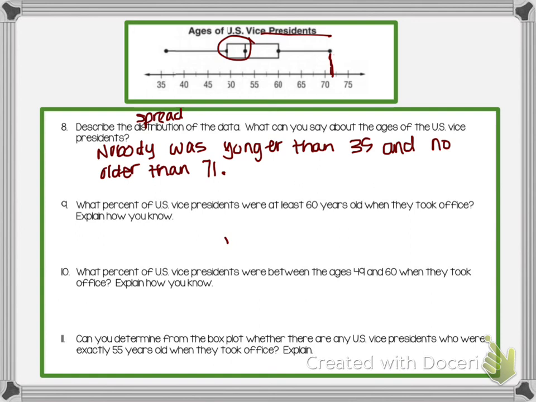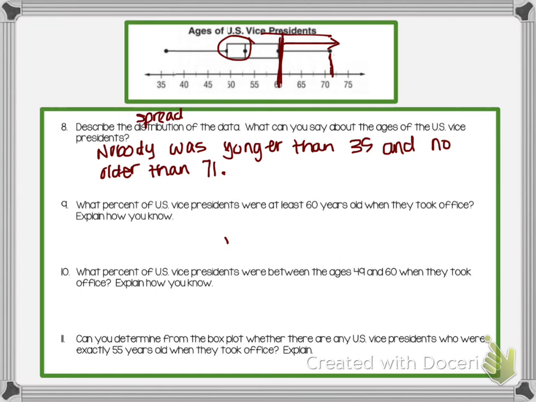So what percent of the U.S. vice presidents were at least 60 years old when they took office? So for this case, we would want to find 60 years old, which is right here. So that means at least is 60 or more. So that's the data this way. So that's the line on our box plot. What percent is that? Do we remember? We should have our notes out in front of us.